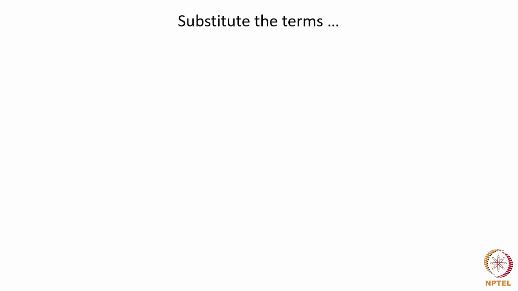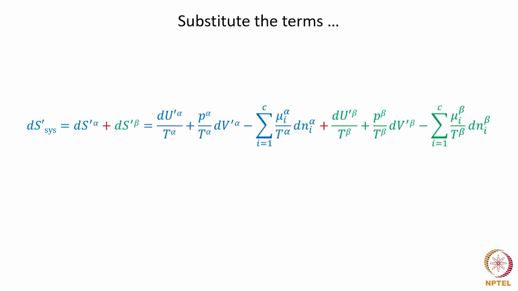So we then substitute these three sets of relationships in the summation of the change in the entropy of the system. We see that this is an equation where there are a lot of unknowns, so we are going to look at how each term can be substituted.